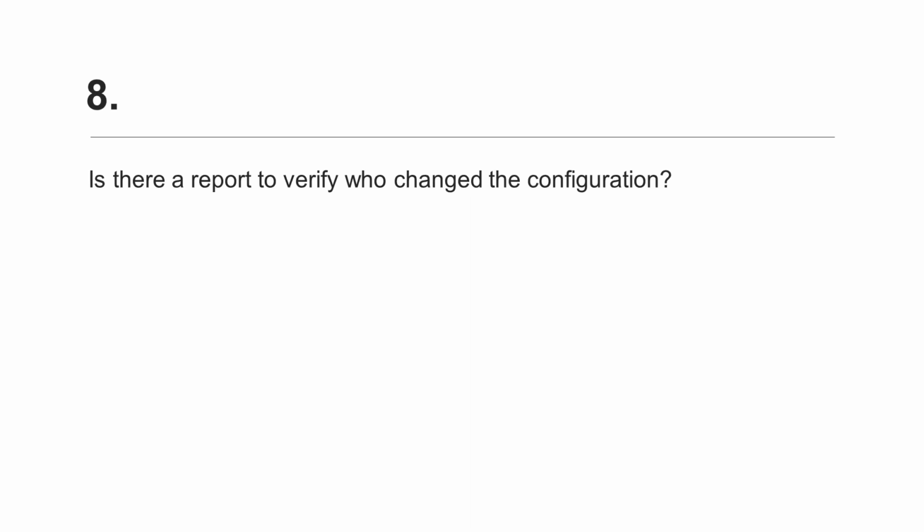Question 8. Is there a report to verify who changed the configuration? Yes, we can find out who did the change at what point of time using configuration change management.